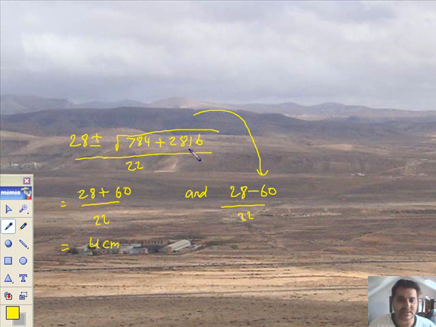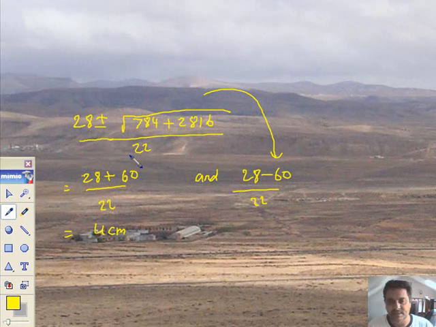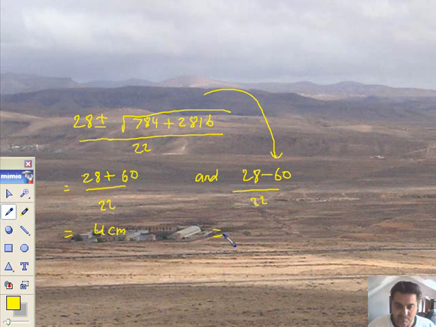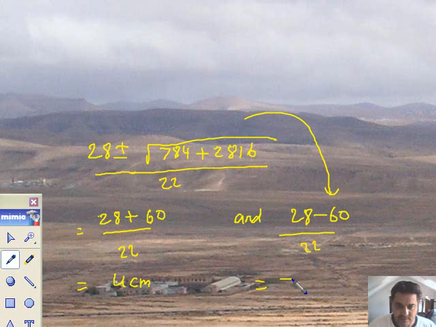This comes to 3,600. Of course, the square root of 36 is 6, hence 60, as the calculation there says. So let's just do that quickly. I've got 28 take away 60 comes to minus 32. Divide it by 22, and that's going to give me minus 1.45 centimetres.